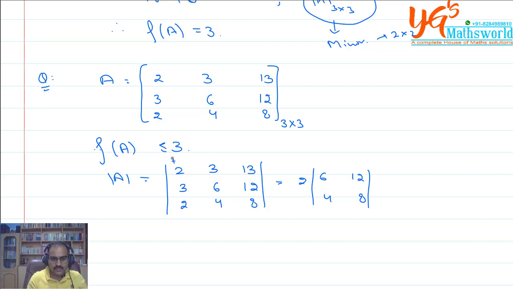Since we know that this is taken to be positive, this negative, and this positive, so minus 3 times, leaving this row and this column, [3, 12; 2, 8], and then plus 13 times, leaving this row and this column, [3, 6; 2, 4] determinant.